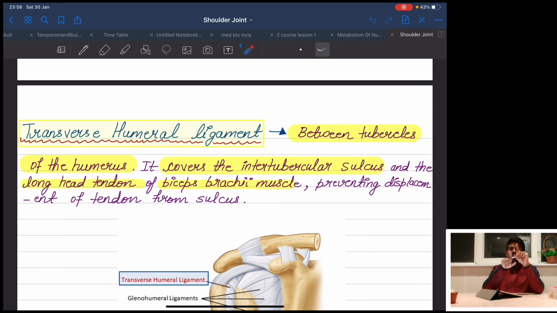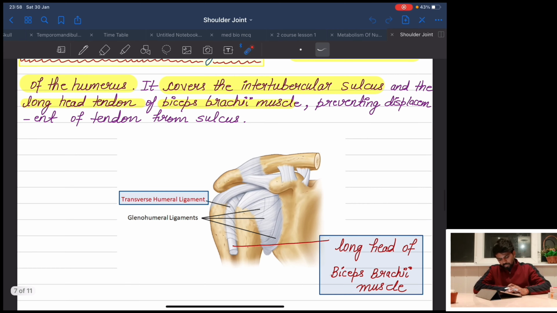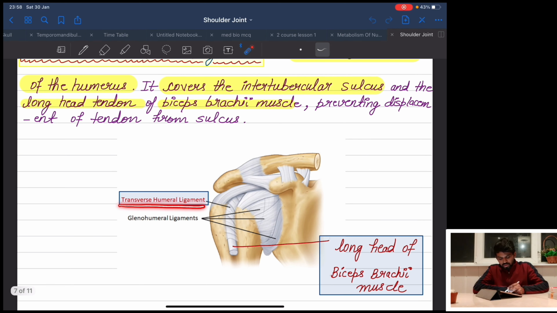See, this is the greater tubercle and this is the lesser. The space between these tubercles forms the intertubercular sulcus. And this sulcus is covered by the transverse humeral ligament.